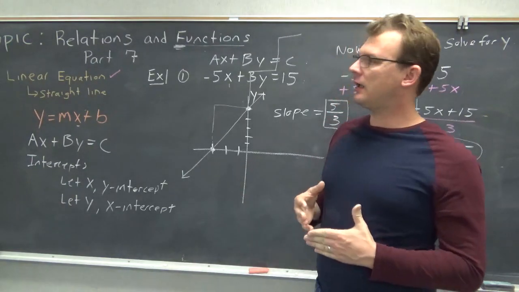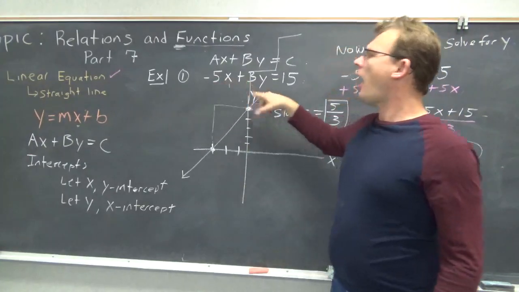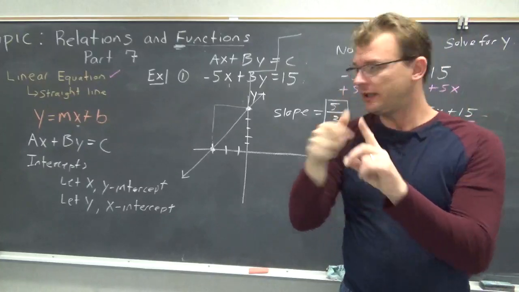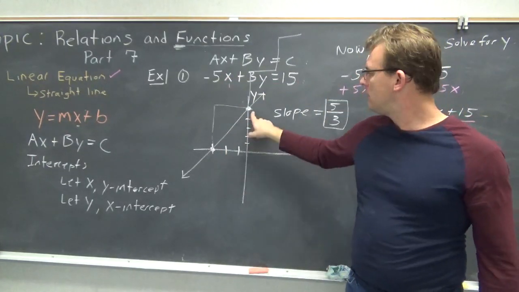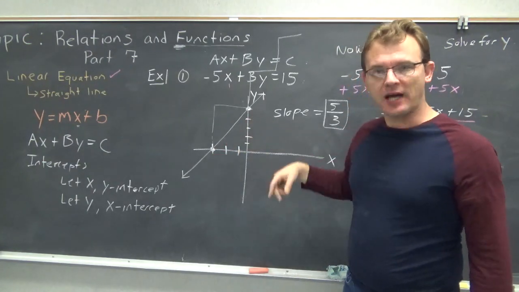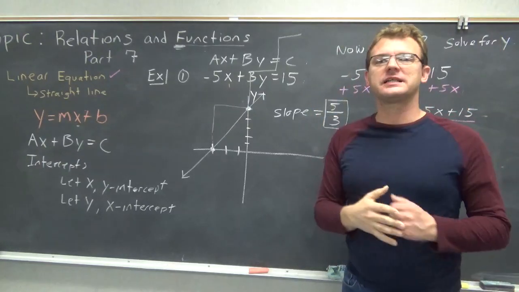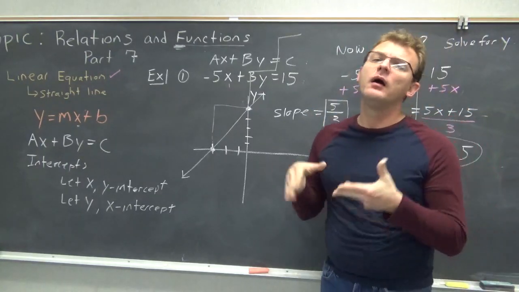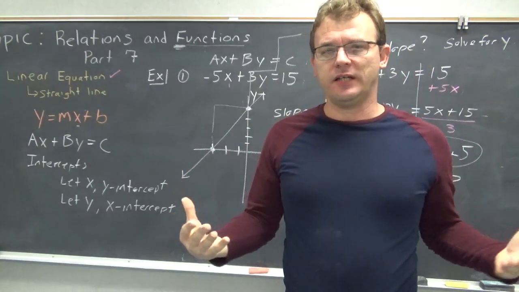But maybe we can limit the graphing next time and focus on giving you an equation, figuring out the y and x intercepts, and then figuring out the slope. Those are the 4 key essentials that I want you to develop in this part series.